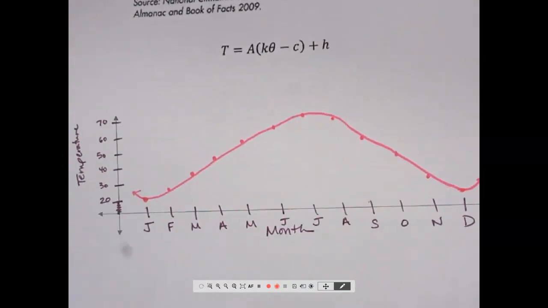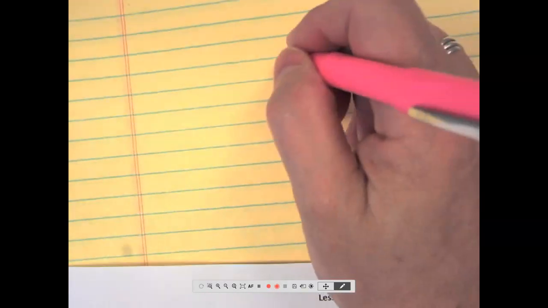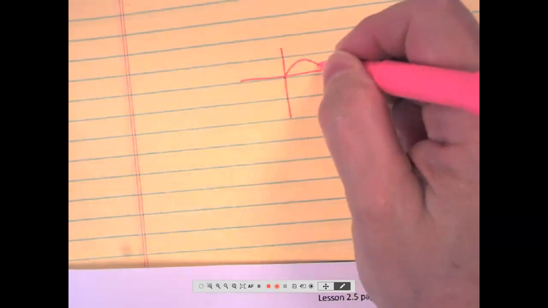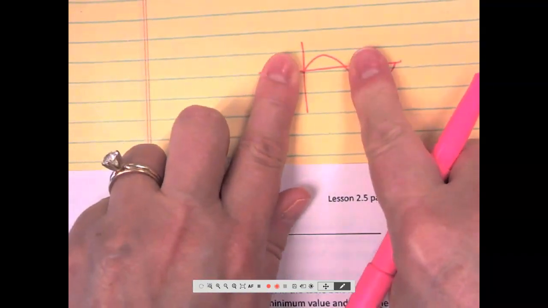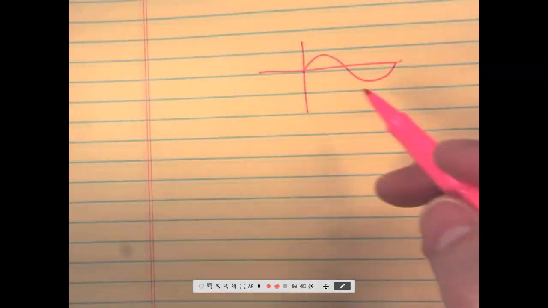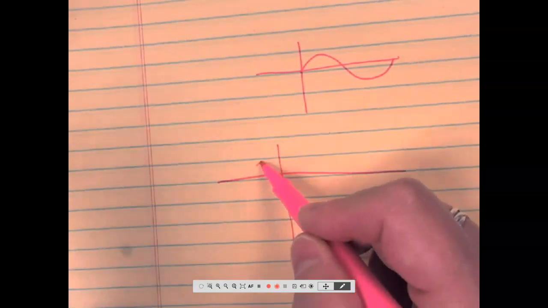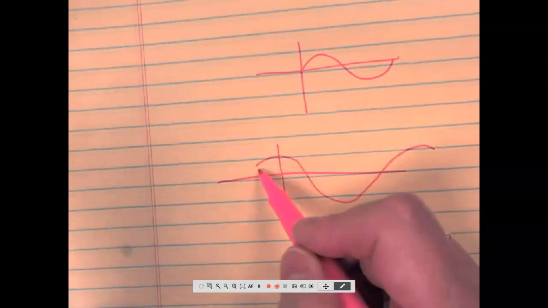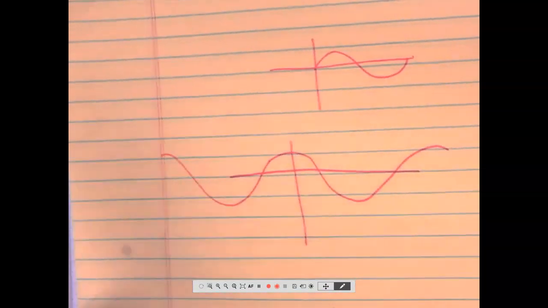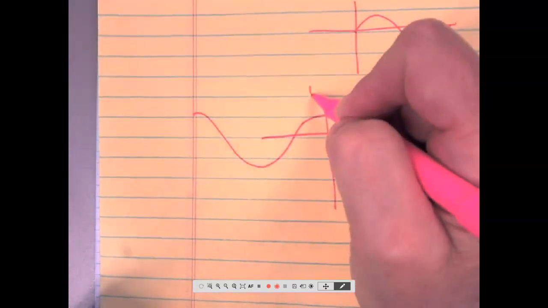So here is my curve. Now, it doesn't look like a sine curve like that, but it's like we took a little piece of this graph, right? Or it's like we took a little piece of a cosine curve. Okay, remember, cosine looks like this.